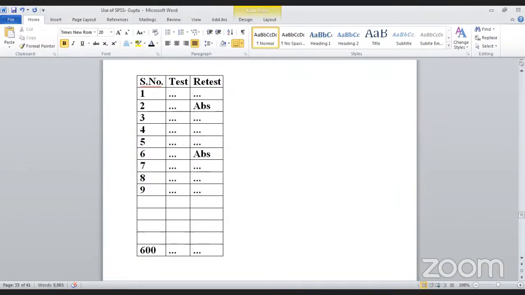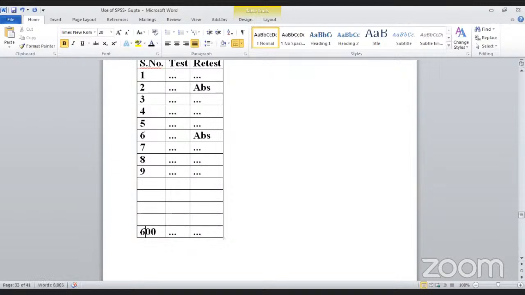So you have to take out the score of those people who were present in the test and who were present in the retest, and then you have to find out the correlation between test and retest scores. And this correlation must be greater than 0.5.